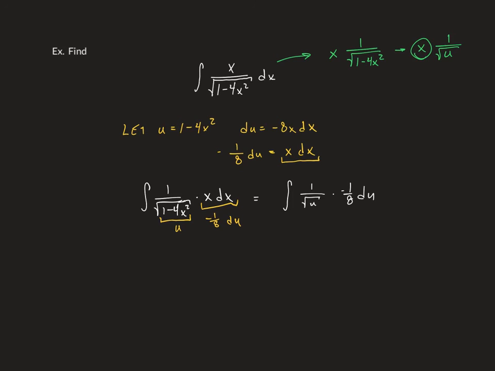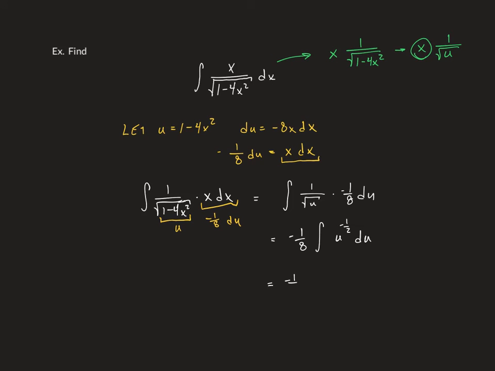And remember that negative 1/8 is a constant that I'd like to remove. So negative 1/8 times the integral of, and I'm going to rewrite this as u to the negative 1/2 du. And that's going to make it a little easier for me to view that as a power rule rather than trying to do something with the fraction that I've got there. Alright, so now I can just use the power rule, or the reverse power rule, on u to the negative 1/2.